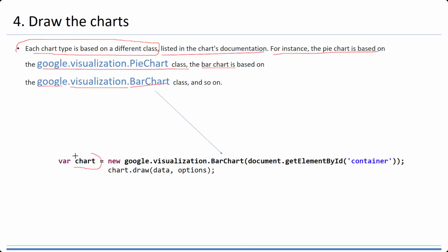Here I specify the chart as new google.visualization.BarChart, which means I'm using the bar chart. Then I'm going to draw this chart based on the data and the options that I already defined. This bar chart will go to the container, which is the ID in the document, or in the HTML file.